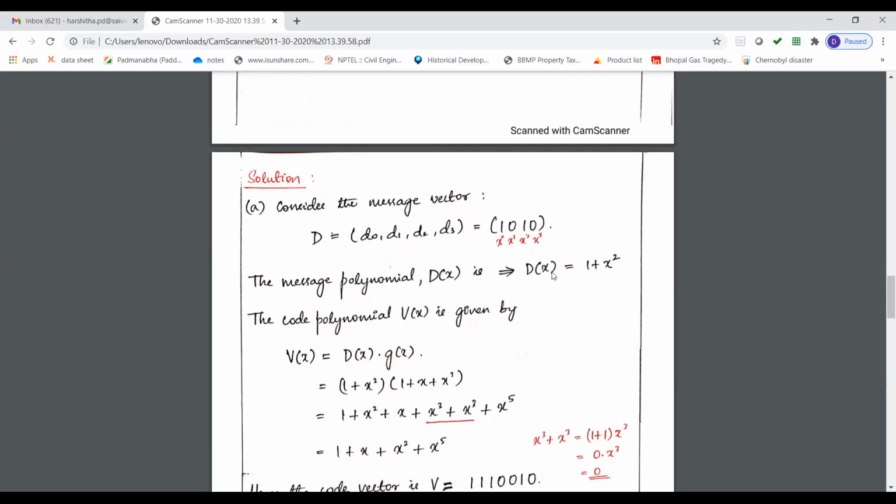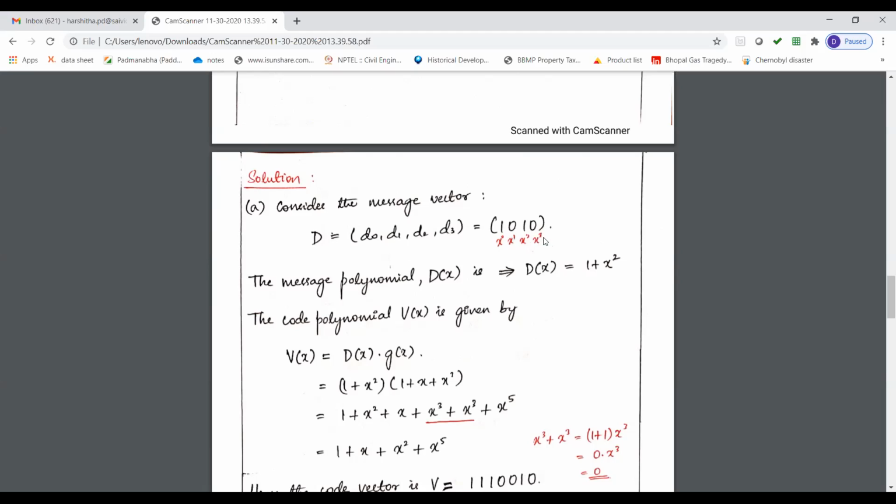So message polynomial is d of x, that is given by, for x to the power of 0 I have 1, so I'll straight away write 1. Next, x to the power of 1 into 0, that is 0. Next I have x to the power of 2 into 1, so I'll write x to the power of 2.